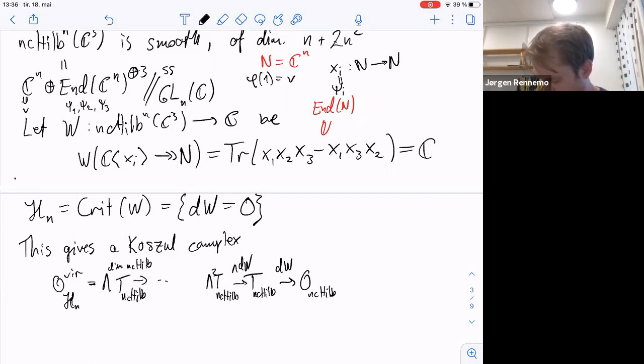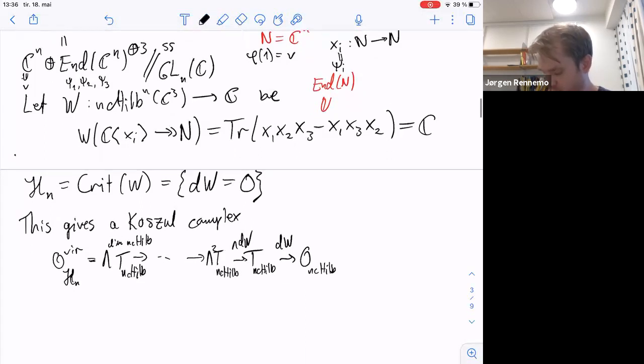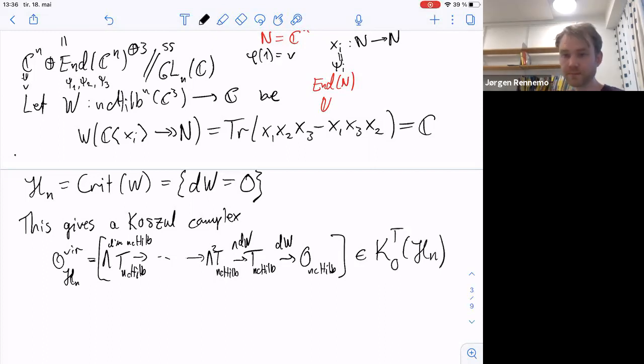So you write down the appropriate Koszul complex, and you take the class of this, and it turns out that this actually defines for you an element in the K-theory of Hn. Not only that, taking the cohomology of this gives you even a sheaf refinement of the virtual structure sheaf, which you don't have in general.